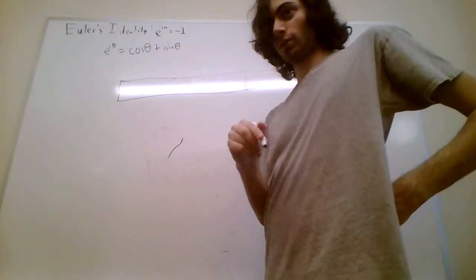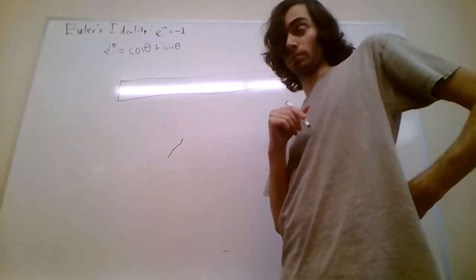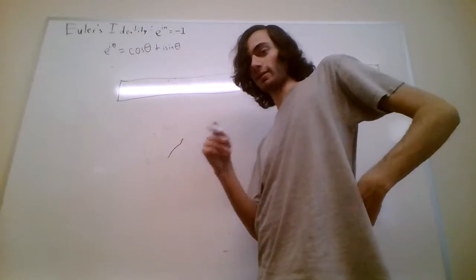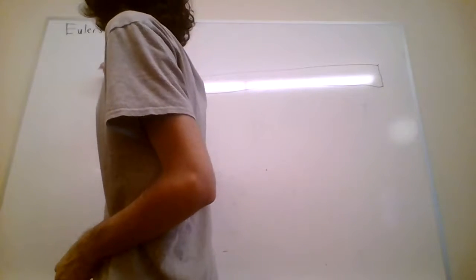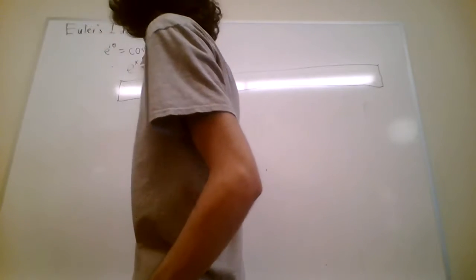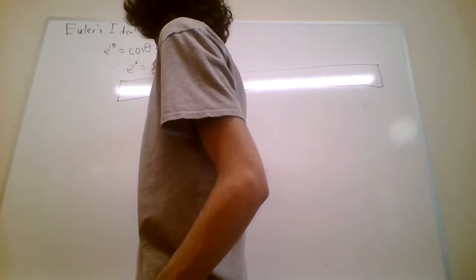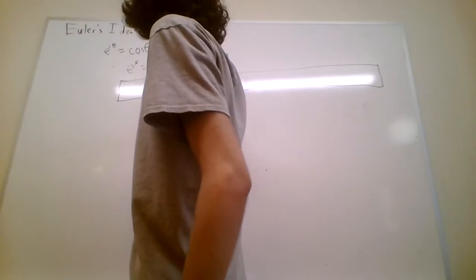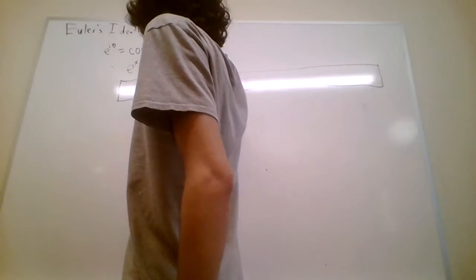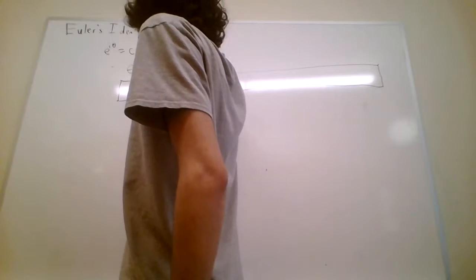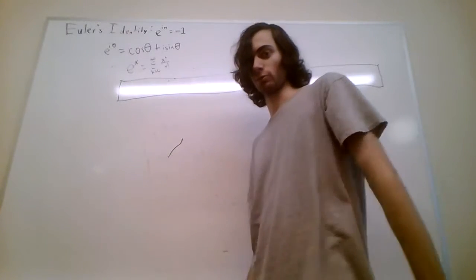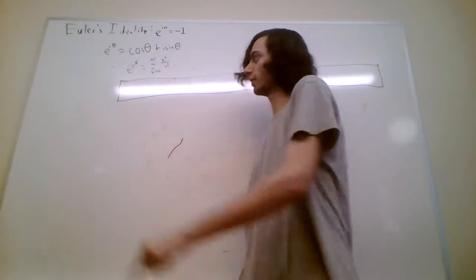So to do this, you need to know the Taylor series expansion of e to the x, which is e to the x is equal to the sum from n equals 0 to infinity of x to the n over n factorial. So basically we're going to put ix in as a replacement for that x right there.